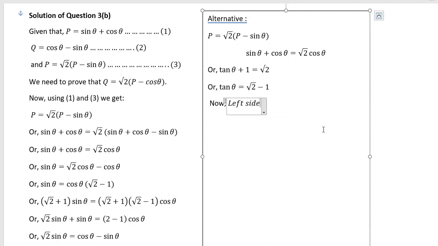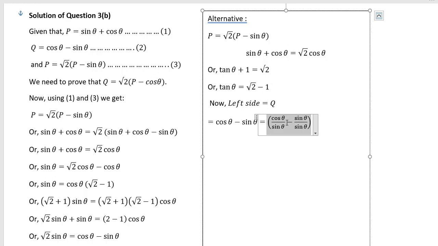Left side is given as q, and q is equal to cos theta minus sin theta. Now our target is converting this equation into tan theta, but at the right side we have root 2 into p minus cos theta, that is root 2 sin theta. So sin theta is a factor of the right side. So I am going to make sin theta common.